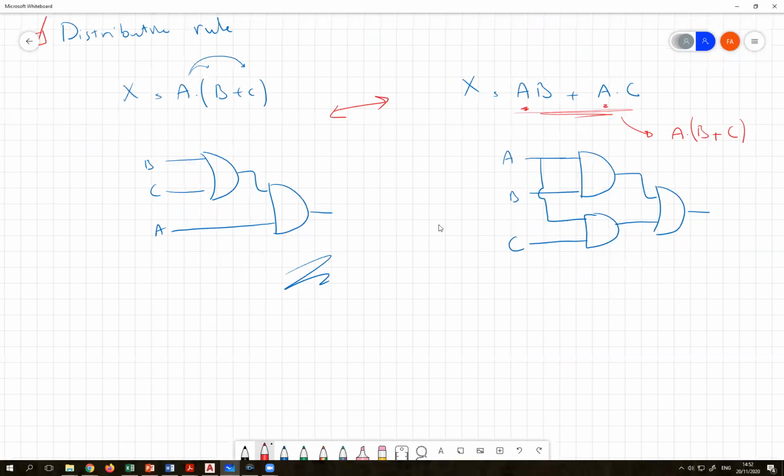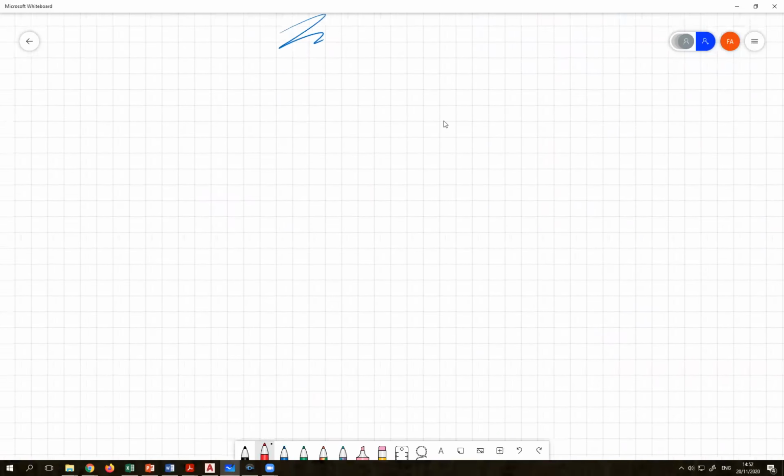Some other rules, I call them rule number 1, 2, 3, and at the end I will give you a cheat sheet or formula sheet that you can use. Rule 1. What is rule 1? Very easy. Rule 1 says that A or 0 is equal to... If we have an OR gate, one input is A, one input is 0.